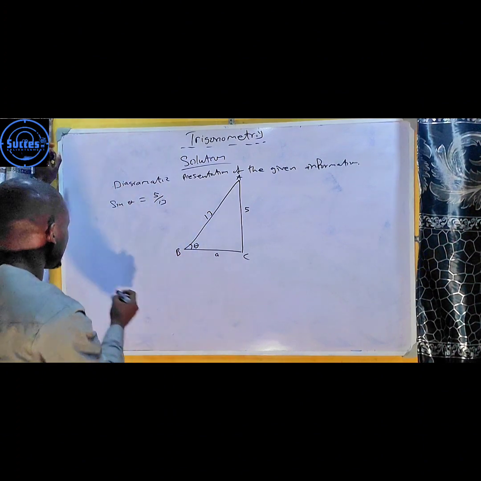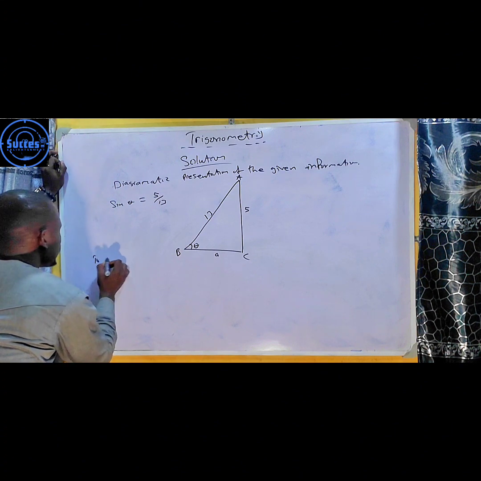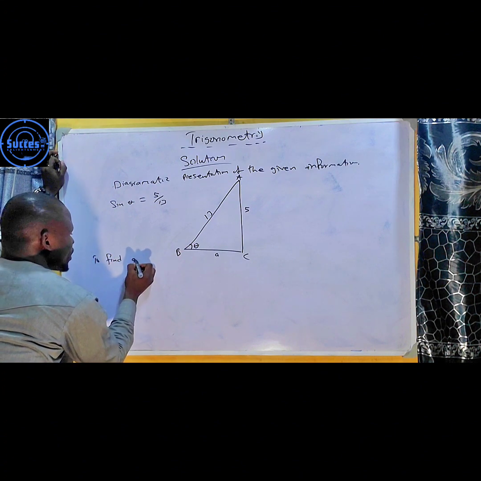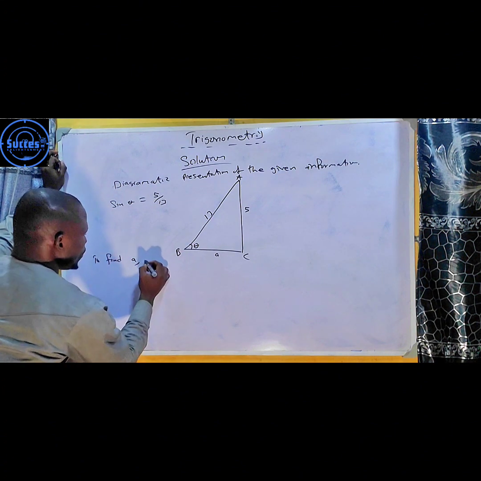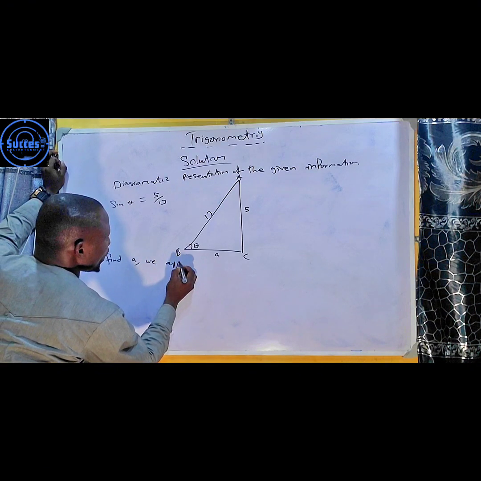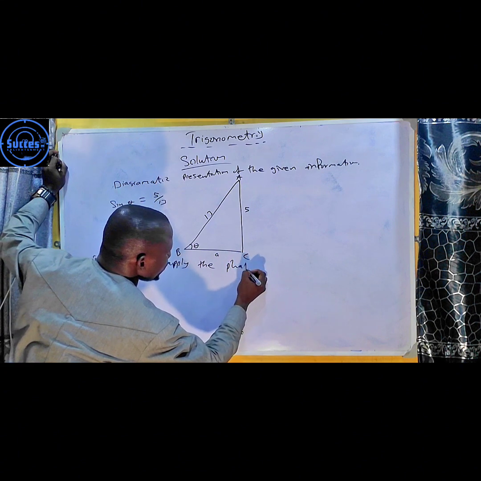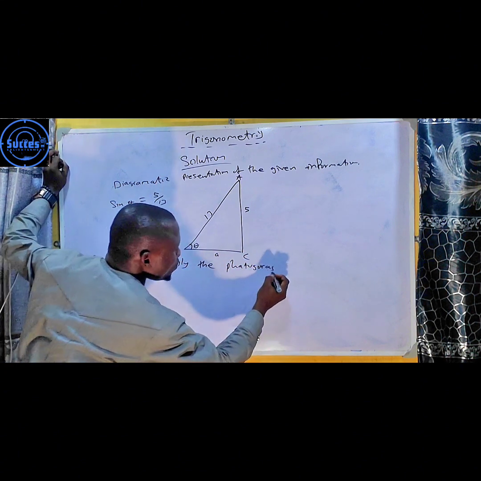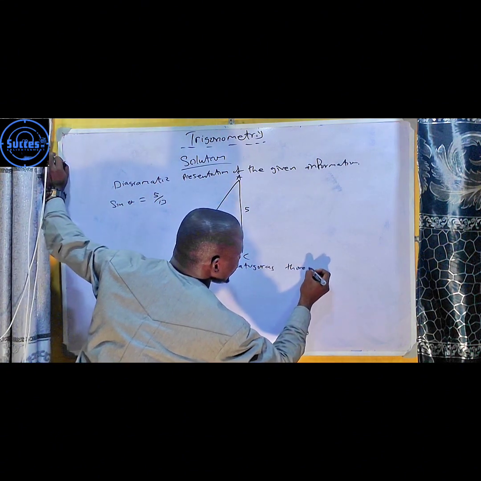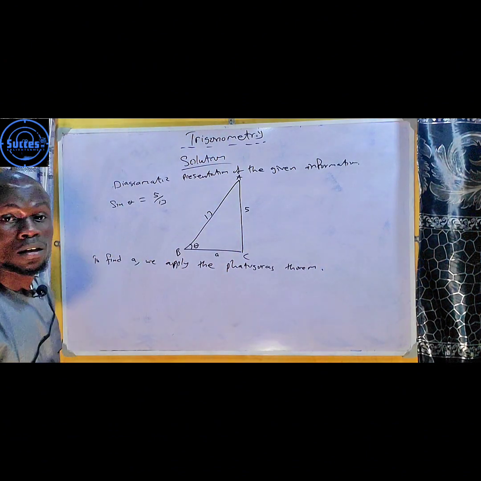So I make it understood that to find small letter a, we apply the Pythagoras theorem. Okay.